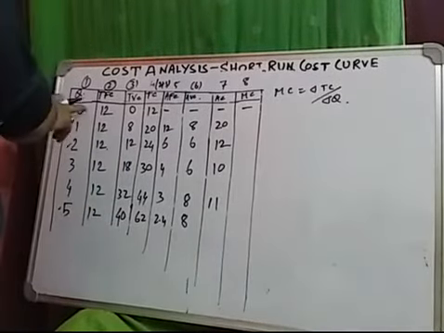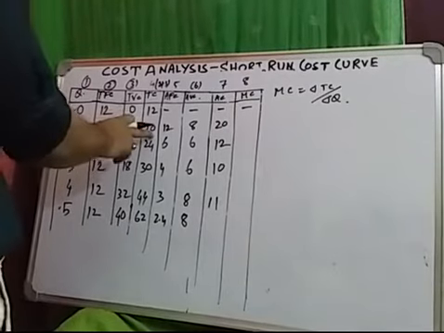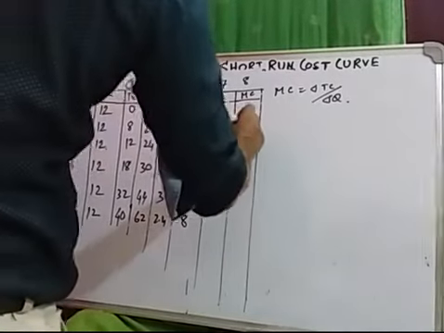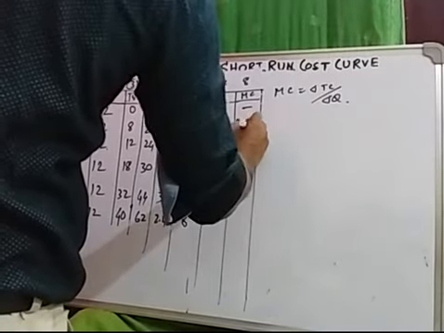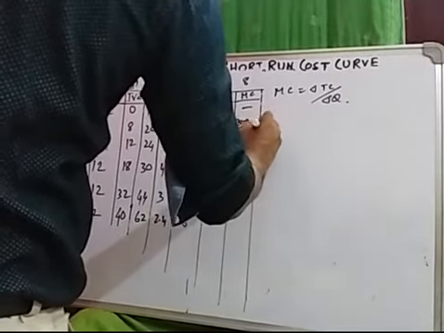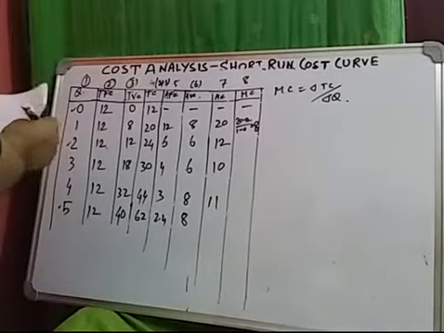When you are producing from 0 to 1 unit, then total cost is changing. So 20 minus 12 divided by 1 minus 0 is equal to 8.